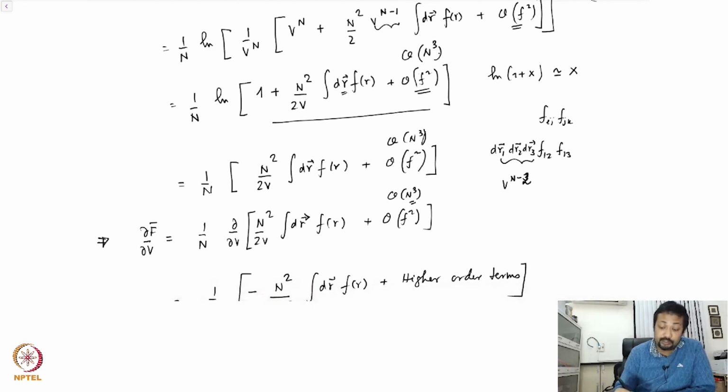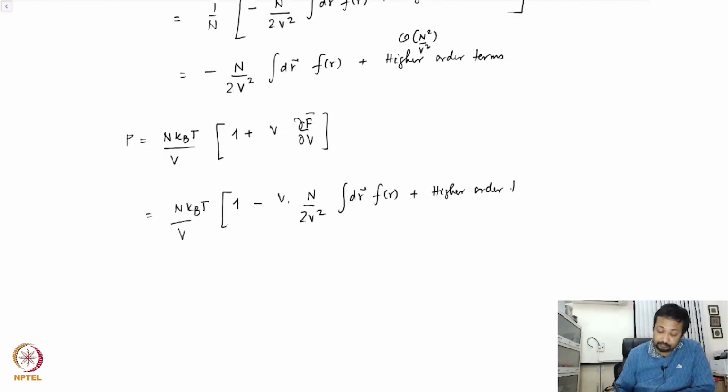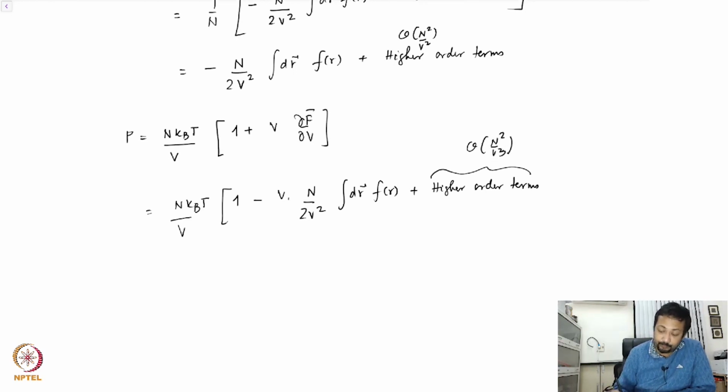The next order term is going to be V to the power N minus 2. If you now take V to the power N common, then this is going to be of the order of N cube. The first term was of the order of N square over V. This becomes N cube over V square. And when you write higher order terms, you essentially mean a term of the order of N square over V square. I think it should be V cube.